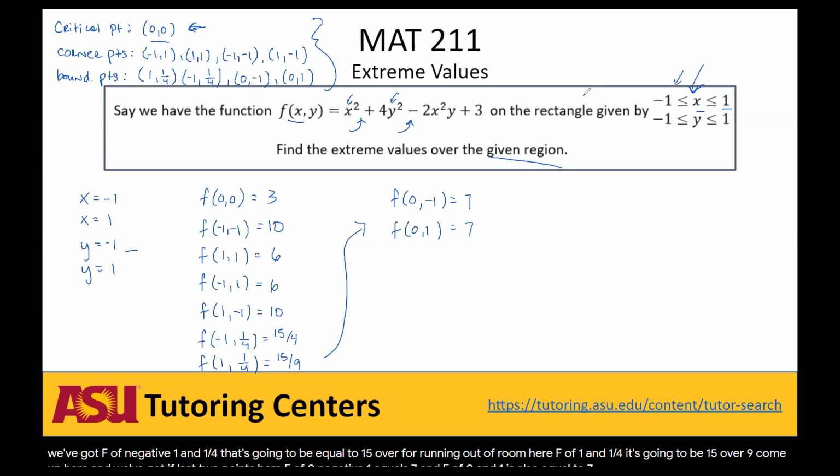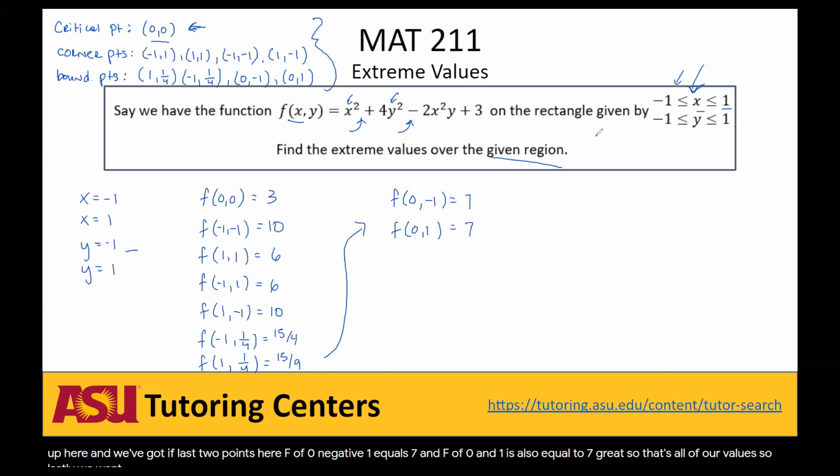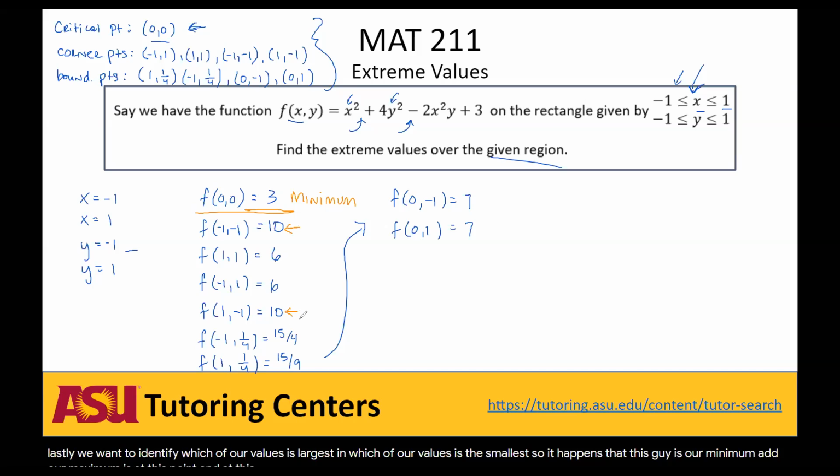Great, so that's all of our values. So lastly, we want to identify which of our values is largest and which is the smallest. So it happens that this guy is our minimum. And our maximum is at this point and at this point. So these are our max. So what we can say is our minimum value is 3 at the point 0, 0.